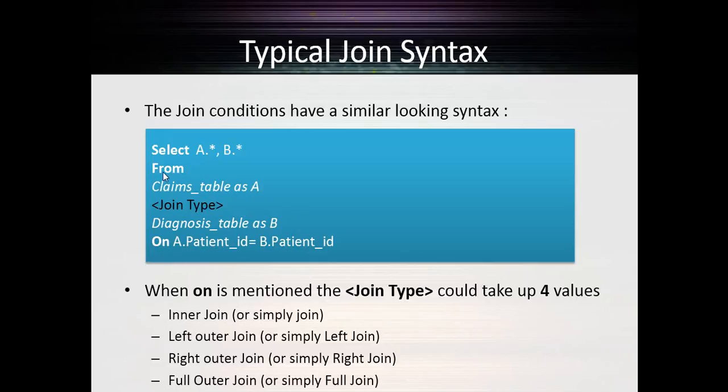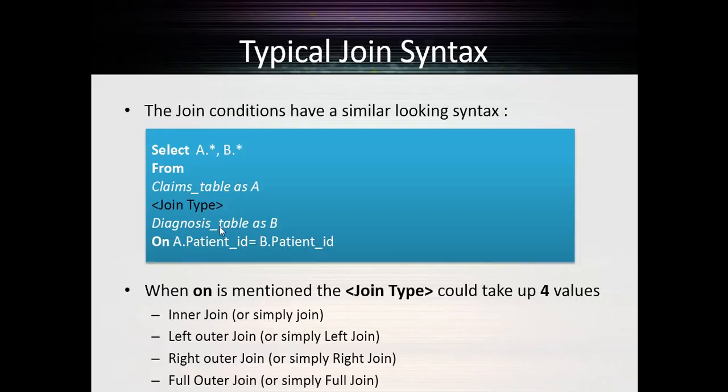As you can see, in the from statement, not only do I have the claims table, I also have the diagnosis table available to me. And the condition that is used to make up the join is represented in the on statement. The condition that I've used in this syntax is that patient ID from the first table must be equal to the patient ID from the second table.